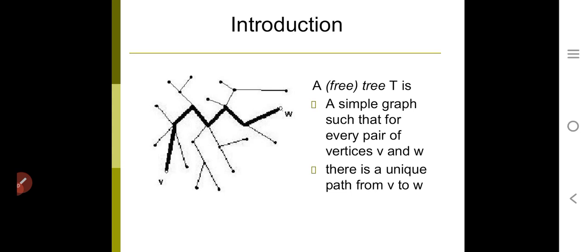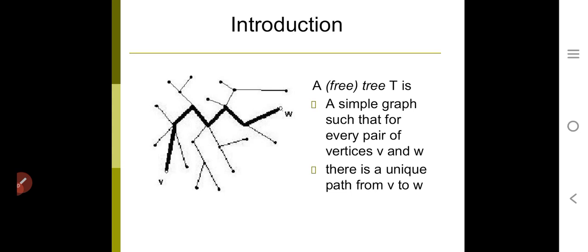A tree is a simple graph that has a path between every pair of vertices, and it is an undirected graph. It is equivalent to a connected acyclic graph, and it has a unique path between every pair of vertices.